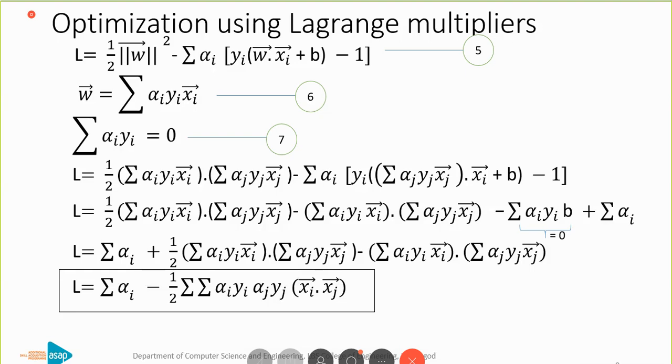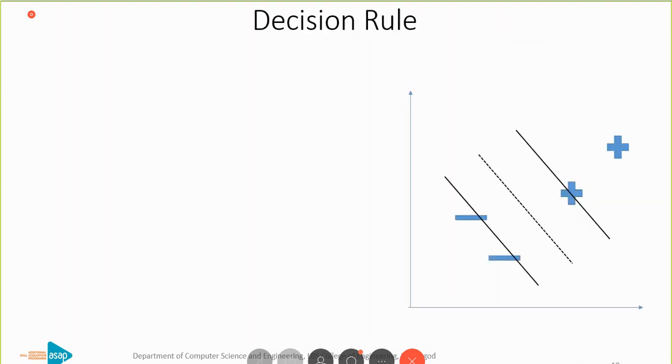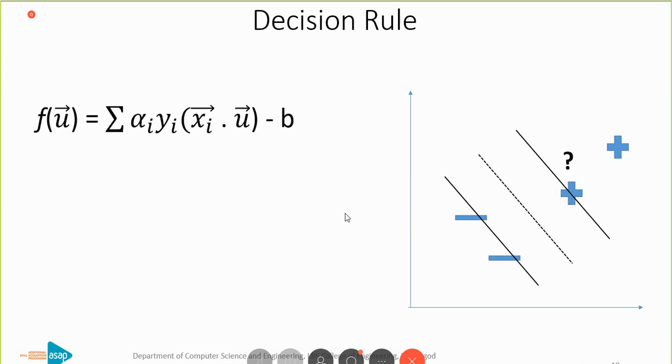Now let us look at the decision rule. I got a new sample and I need to classify it. I need to find the label. What you can do is take the dot product of the support vectors with u. It will tell you whether it is positive or negative. That means the decision rule now depends only on the dot product of the support vectors with the unknown.